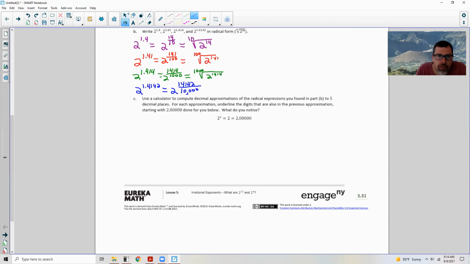It's not 2 and. So let me move this 2 down. Let's put that as a power. That is going to equal the 10,000th root of 2 to the 14,142.